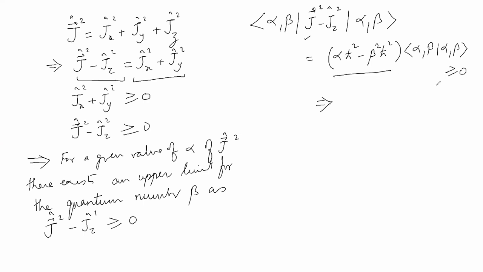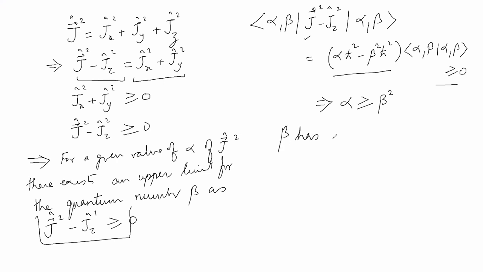This implies that alpha must be greater than or equal to beta square. Mind it, this is beta square and this is alpha, just because alpha we are measuring in units of h cross square, while beta we are measuring in units of h cross.